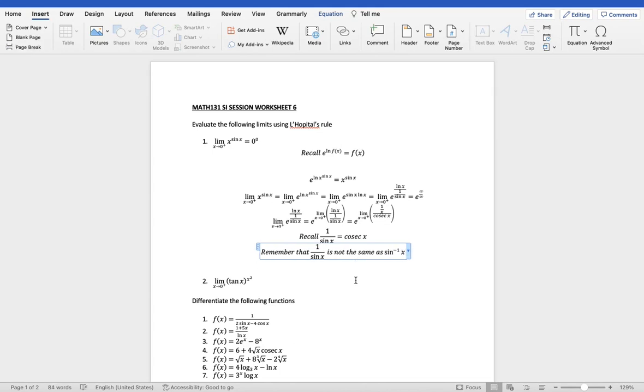Those are two different things, okay? Right, so please just note this, okay? So what's the derivative of cosec of x?